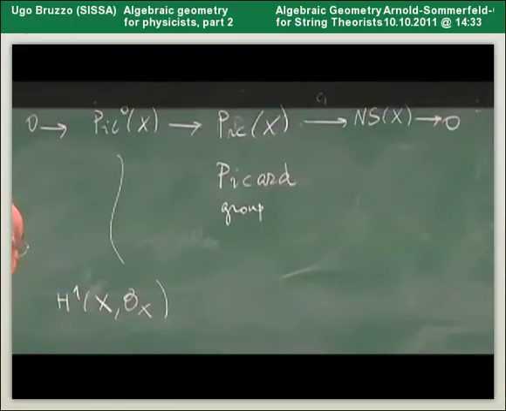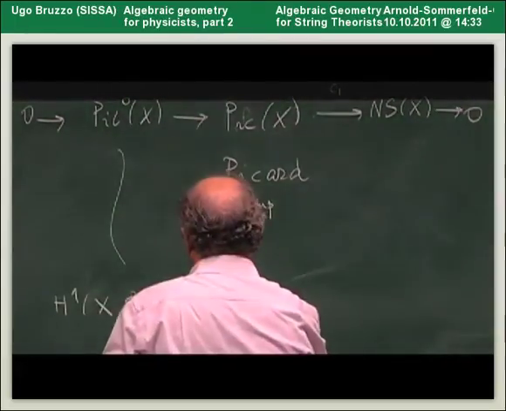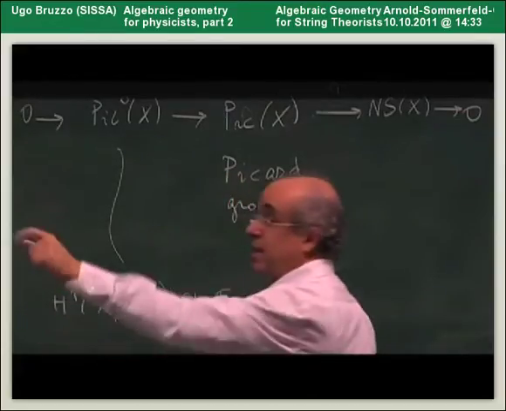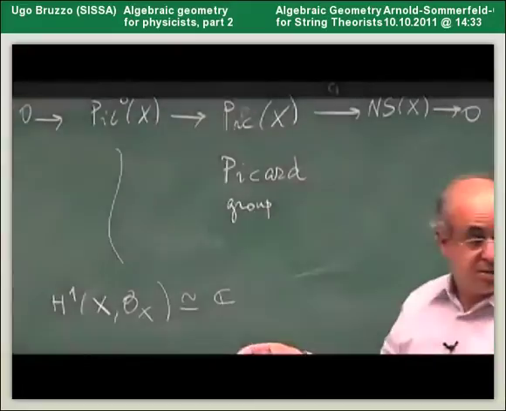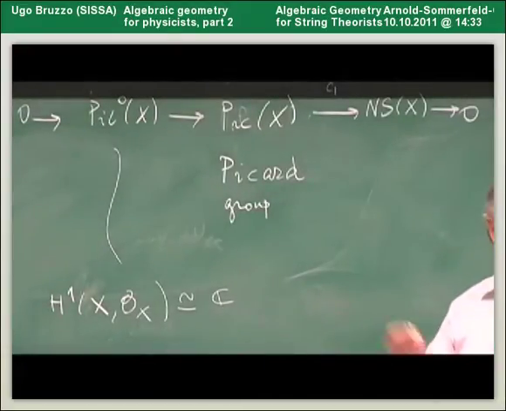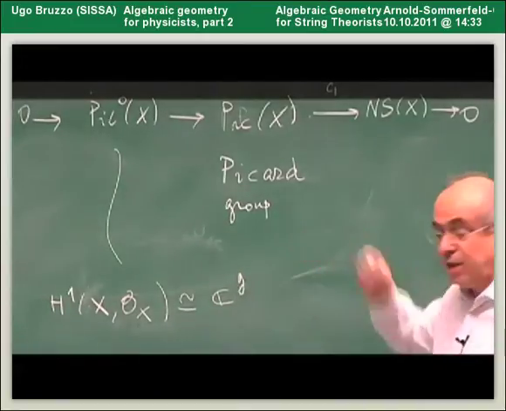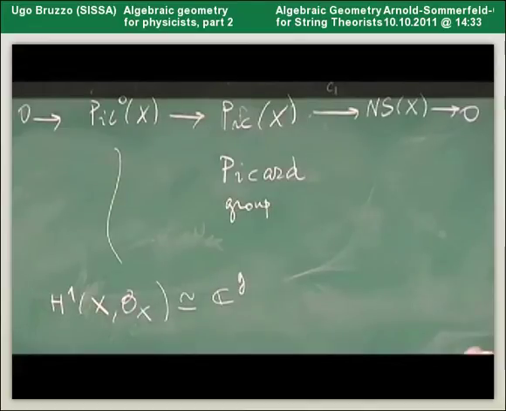And so if you choose some basis, you can prove that under our assumptions it is finite dimensional. So it corresponds to some C to some power g, g just the dimension of this.